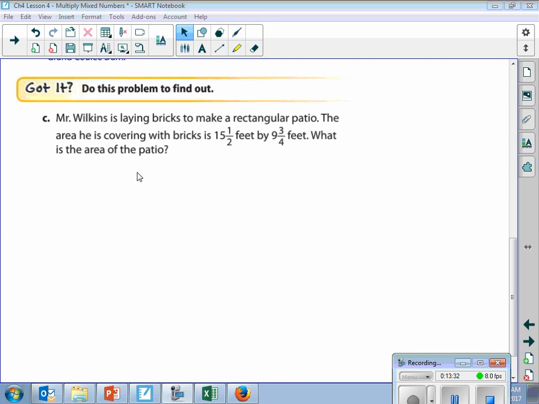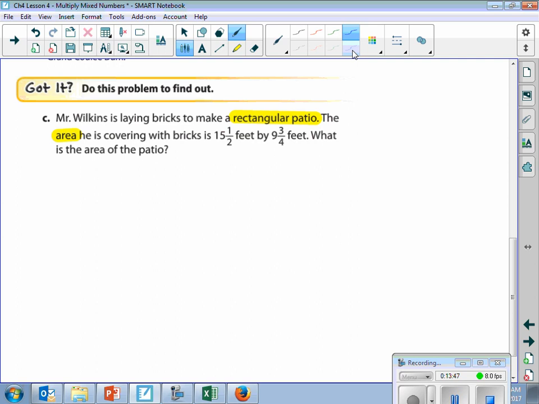So the first thing we need to know here is the formula for the area of a rectangular patio. You're going to write, so we need to know that the formula for the area of that rectangle is length times width.